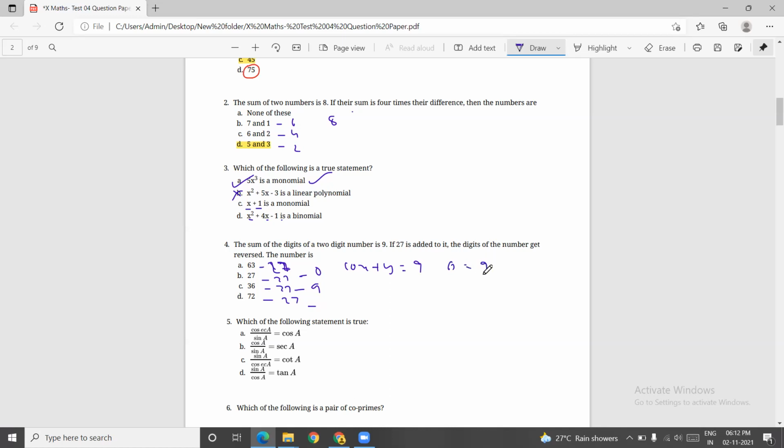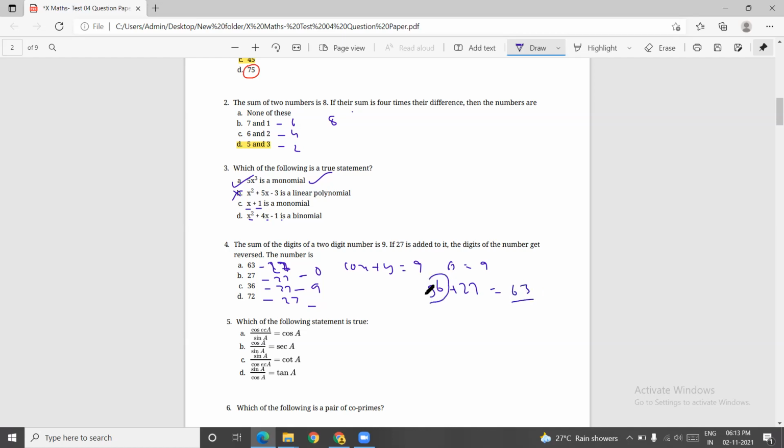Sum is 9. If I'm adding 27 to 63, it's coming 90. 27: sum is 9, if I'm adding 27, I'm getting 54. Not reversed. 36: sum is 9, adding 27, 7 plus 6 is 13, so 63.